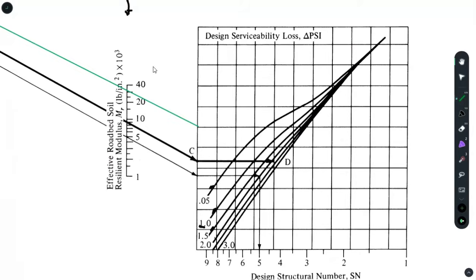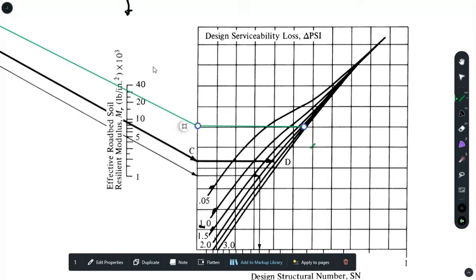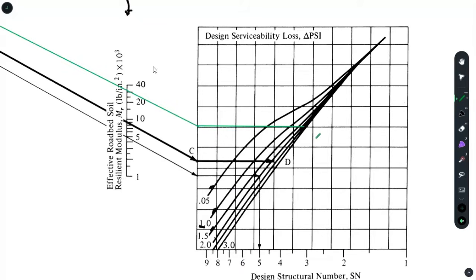Well, now I will join this line with, let's say, the 2.1 point was this something, fine. And then from there, I'll extend it like this.